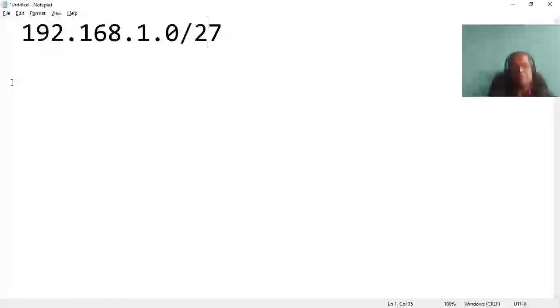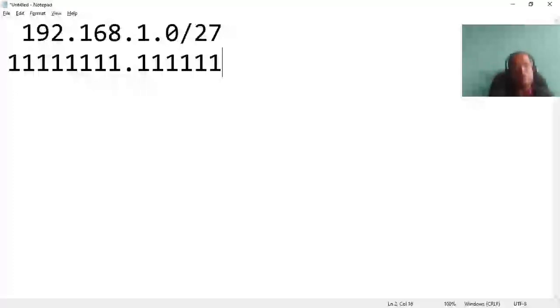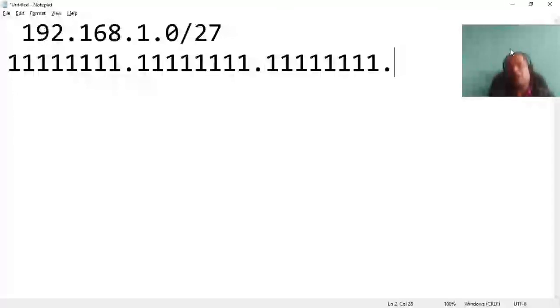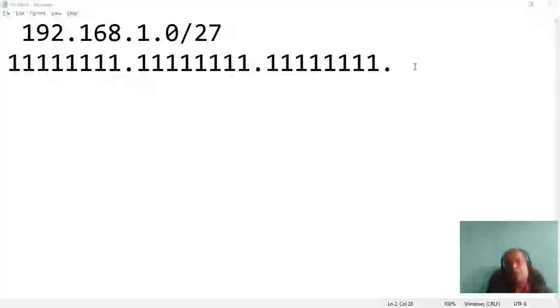This 27 means I am going to have 27 ones in the subnet mask starting from the left. 1, 2, 3, 4, 5, 6, 7, 8, dot, 1 to 8, dot, 1 to 8, dot, 1, 2, 3.